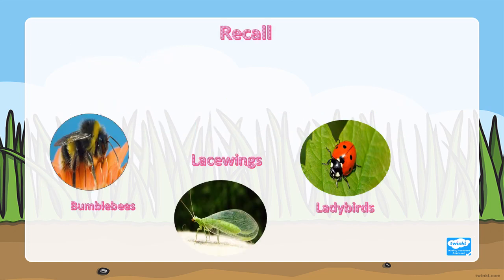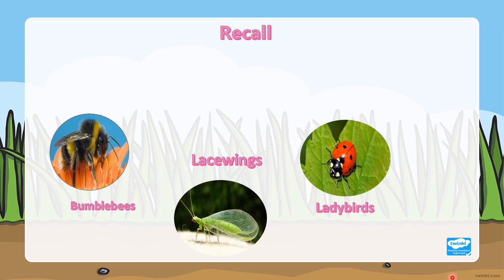Hey kids, before starting a new session, let's have a quick recall. What do you see on the screen? Here are some examples of mini bees: bumblebees, lacewings and ladybirds. These are small insects feeding on plants or other insects.